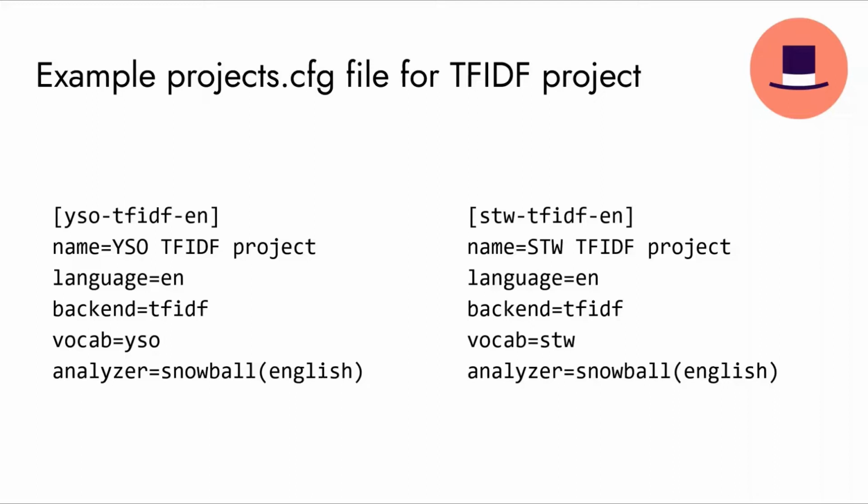The TFIDF algorithm, like most backends, also needs the analyzer setting. The analyzer takes care of the preprocessing, tokenization, and normalization of the input text. We will use the snowball analyzer for English here, as it helps to normalize unimportant distinctions, such as singular versus plural forms.